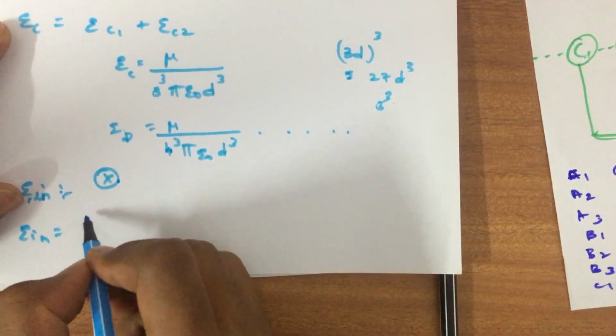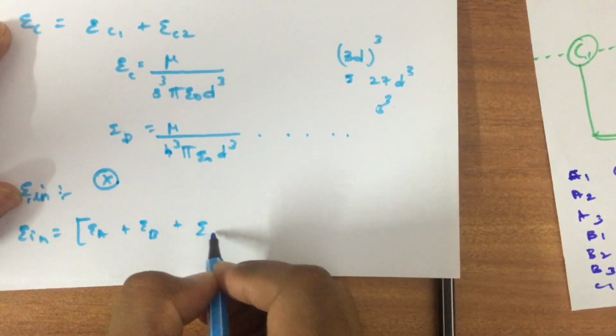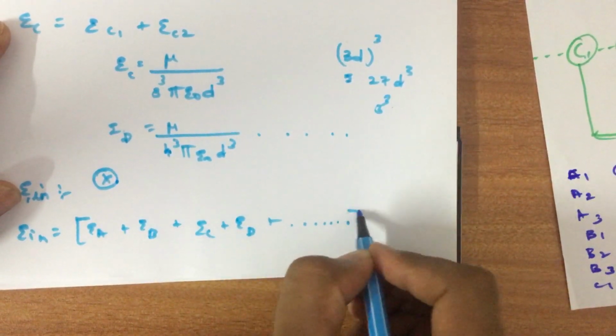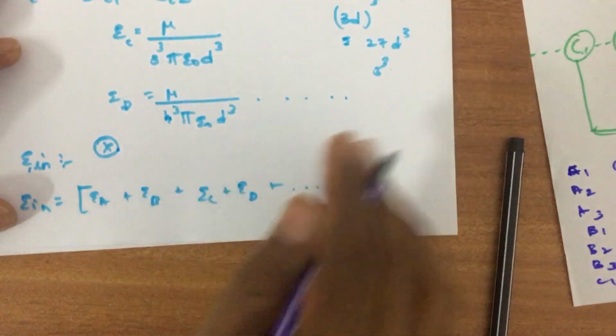Let's say it is EA plus EB plus EC plus ED and so on. Okay, and now here we need to very clearly understand that I need to substitute all those formulas in that.